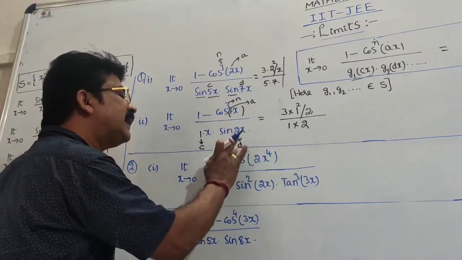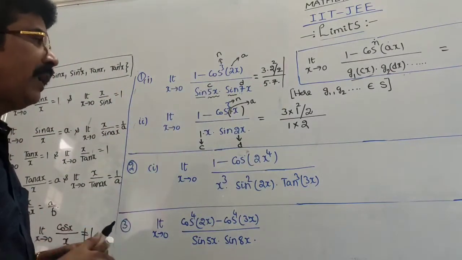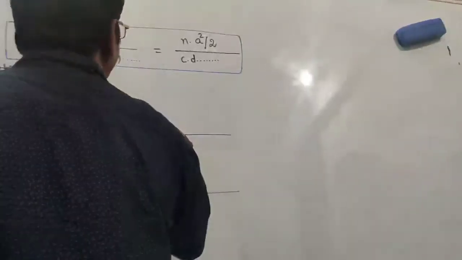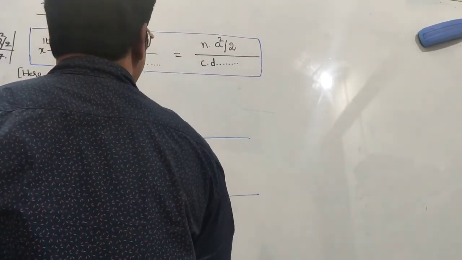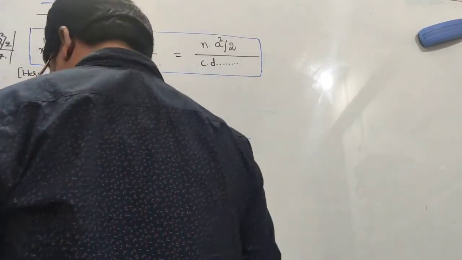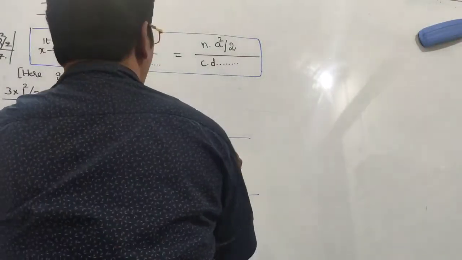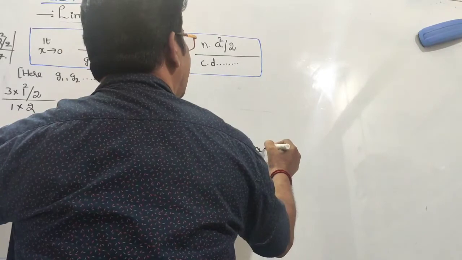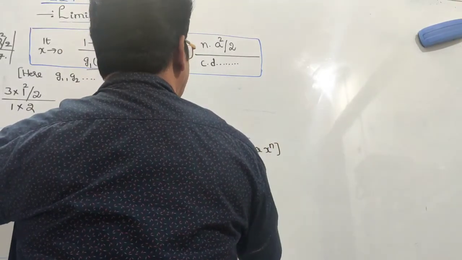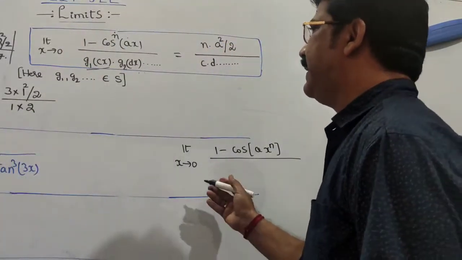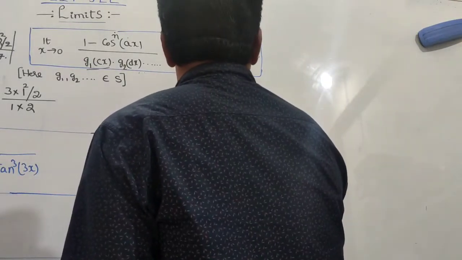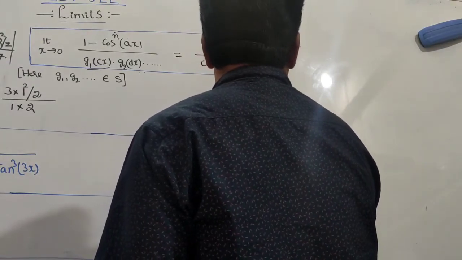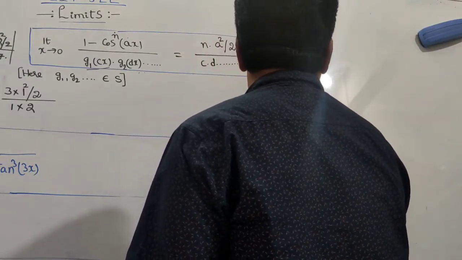Cos of a into x to the power of n means the structure is limit x tends to 0, 1 minus cos of a into x to the power of n divided by z1 of cx, z2 of dx, and so on, just like that.